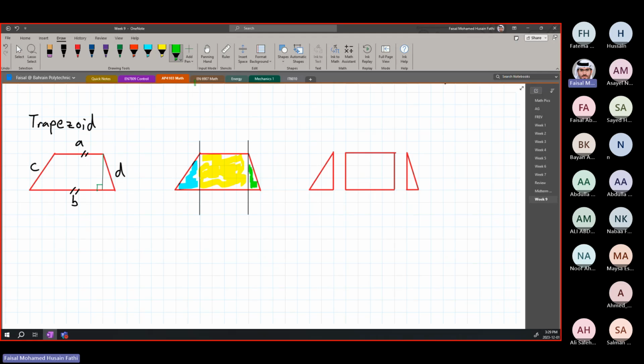Okay, if you notice, the first part is a right triangle that we already know the area of, then the other side is also a right triangle that we can find the area of, and the middle part is just a rectangle that we also know how to get the area of. Okay?